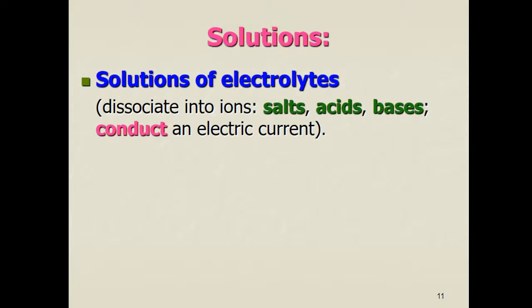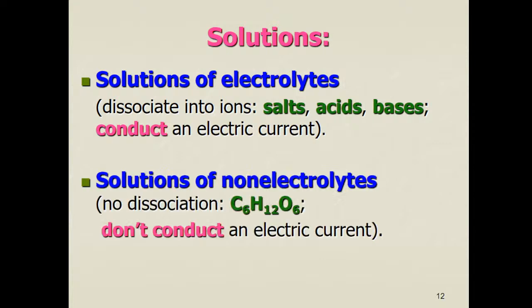I just want to remind you, it's a classification according to the conductivity. There can be solutions of electrolytes and solutions of non-electrolytes. Electrolytes are substances that, when they dissolve in an aqueous medium, dissociate into ions, and that's why they conduct electric current. It's not correct to say that they dissolve because of electric current. No, they dissociate into ions, and that's why they conduct electricity.